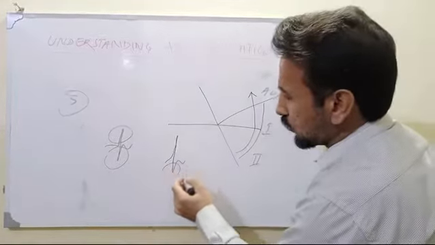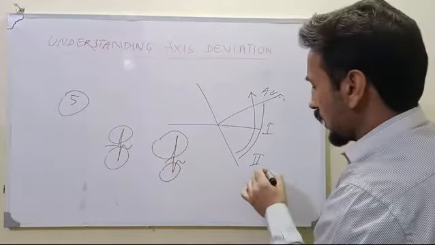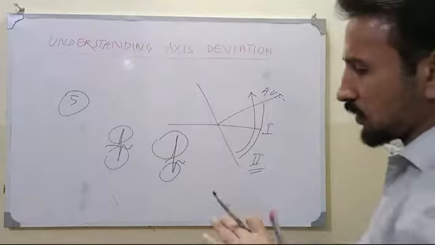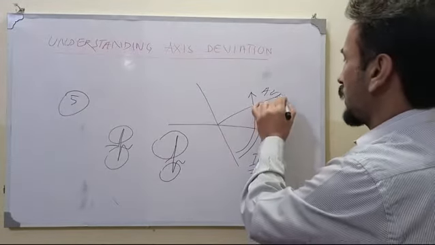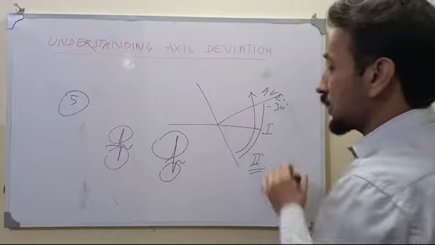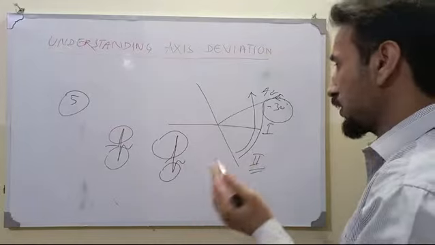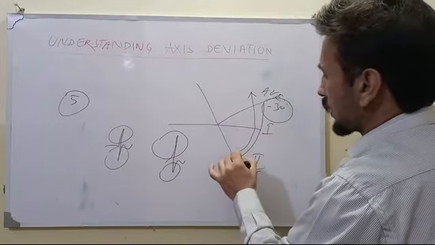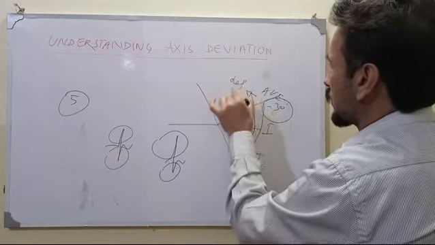If the S wave is smaller as compared to the R wave in lead 2, this means the vector has moved away and even beyond the AVL limit. The AVL is lying at minus 30 degrees, if we remember from the previous discussion. So the vector has moved away from this, which is the left axis deviation.